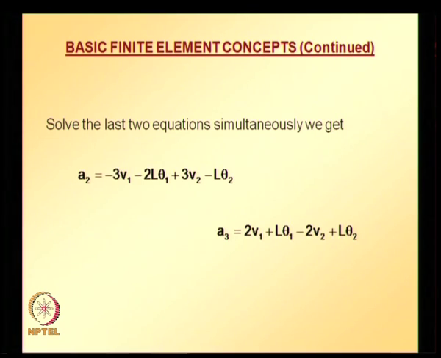So we got all the coefficients a0, a1, a2 and a3 in terms of v1, theta 1, v2, theta 2 and L, which is the length of the beam element. Now what we need to do is back substitute all these coefficients a0, a1, a2, a3 into the equation v is equal to a0 plus a1 s plus a2 s square plus a3 s cube.